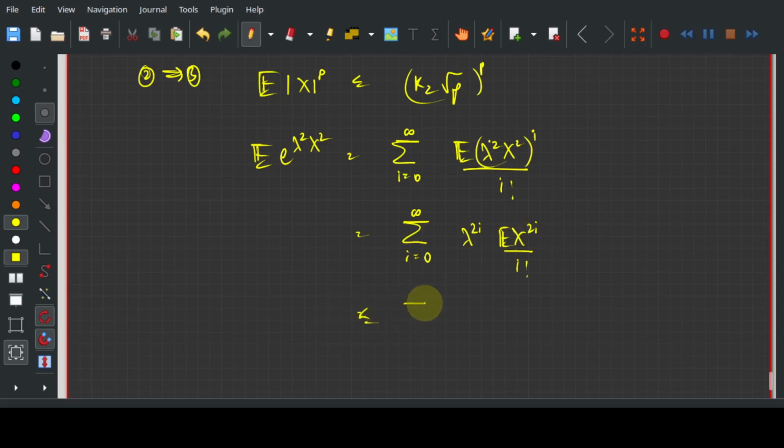So this is less than or equal to summation i equal to 0 to infinity lambda to the 2i, k2 square root of i whole raised to 2i, should be a 2i, divided by i factorial.